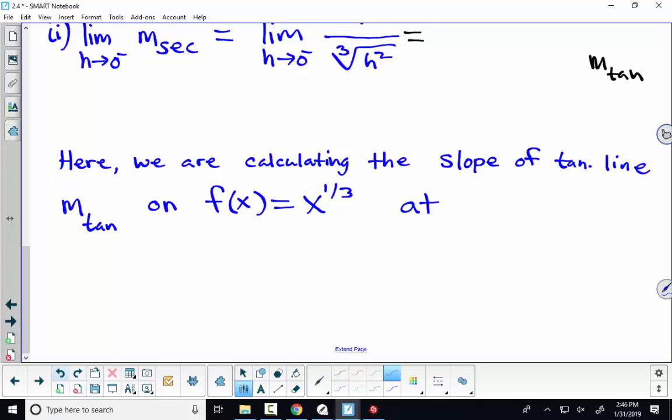Zero. At the x value 0, which is the point (0, 0).